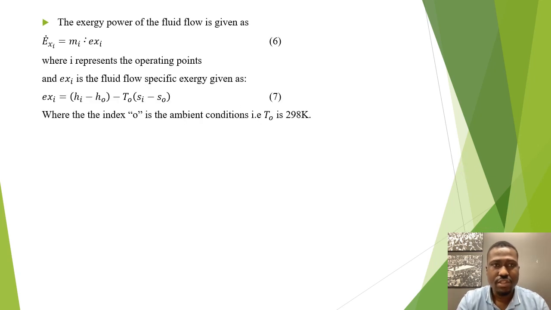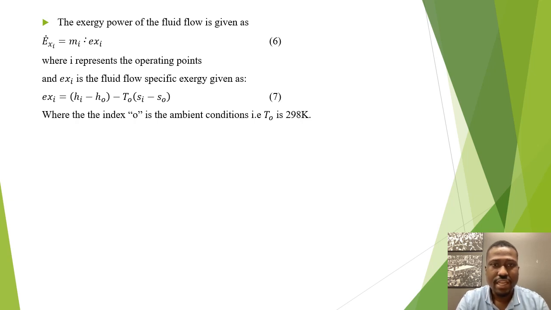The exergy of this fluid is given by Ex_i equals m_i times ex_i, where i in our study represents the operating points, which can either be 0.1, 0.2, 0.3 or 0.4, and ex_i is given by h_i minus h_o minus T_o multiplied by s_i minus s_o, where o here refers to the ambient conditions.